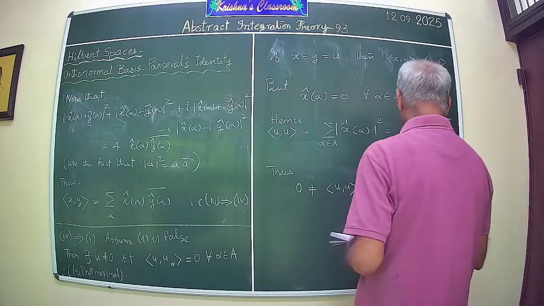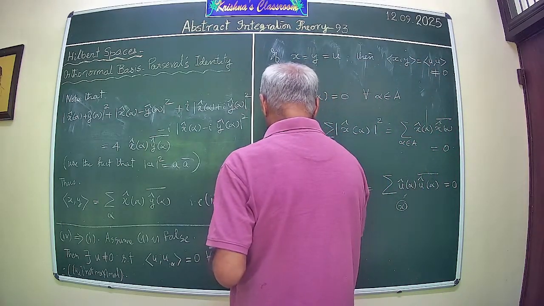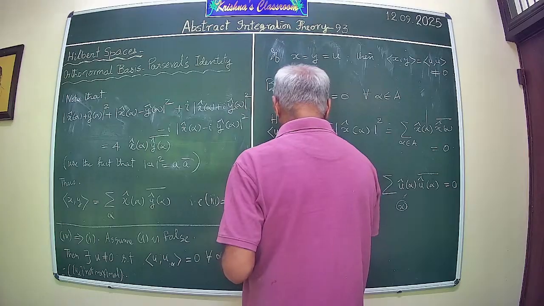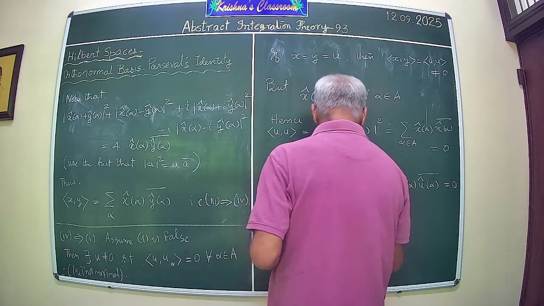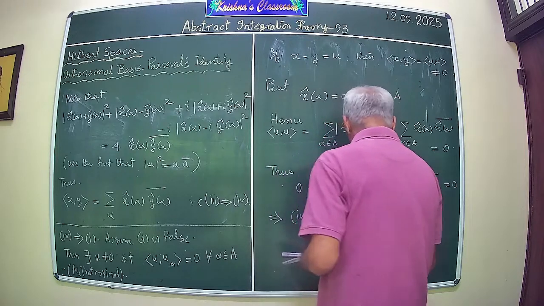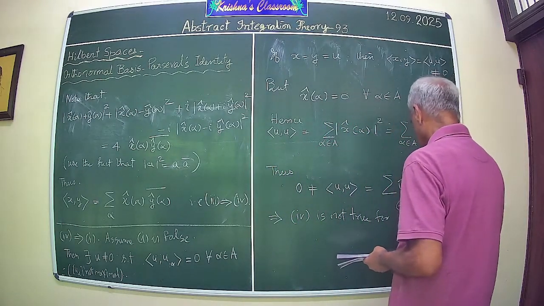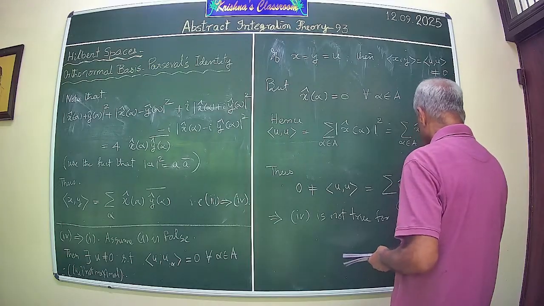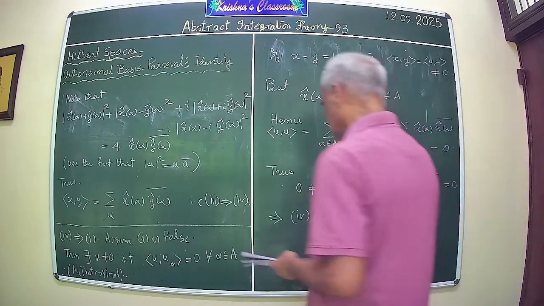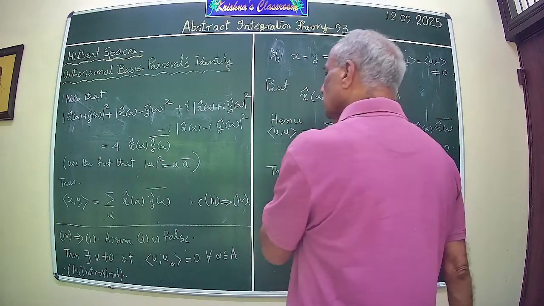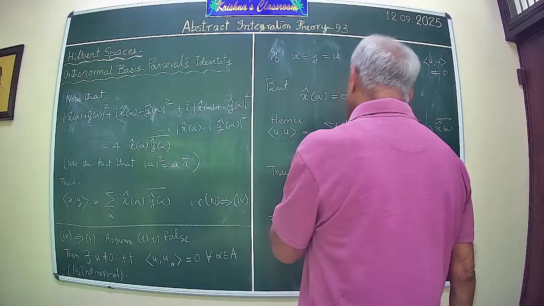What does this mean? So if 1 is false, 4 is not true.